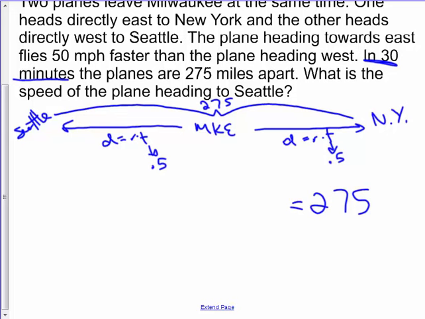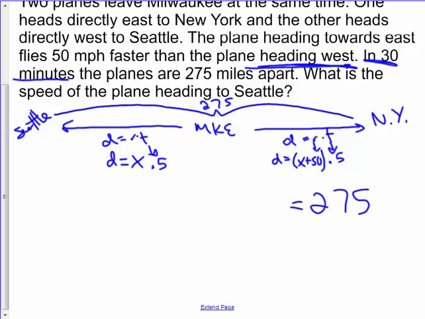Now the rates. What does it say? The plane heading east is 50 miles an hour faster than the plane heading west. So I don't know the speed of the west. I'm going to use x. I do know that the speed of the east was x plus 50.